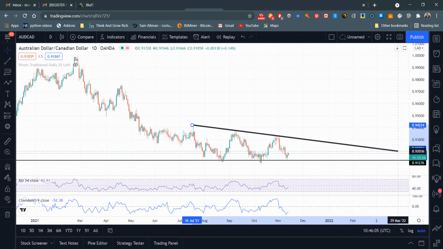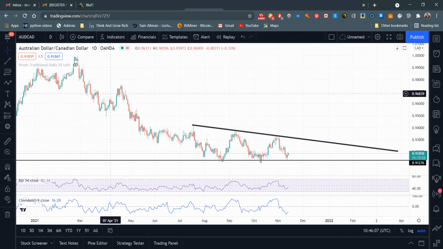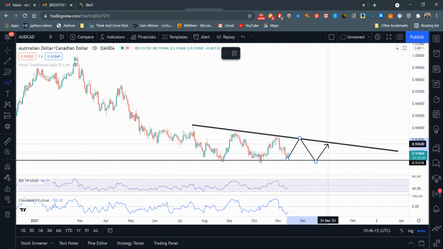So if price continues to stay below this trend line and continues to reject it, you will notice that it will continue to make lower highs, which would likely mean that we could see price break lower.